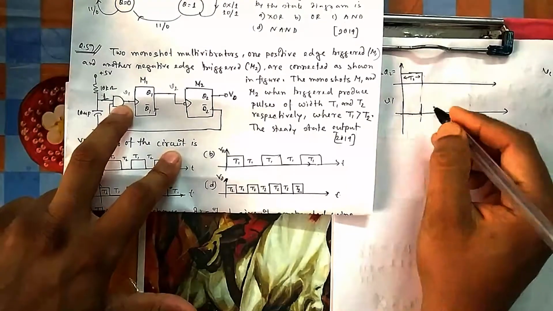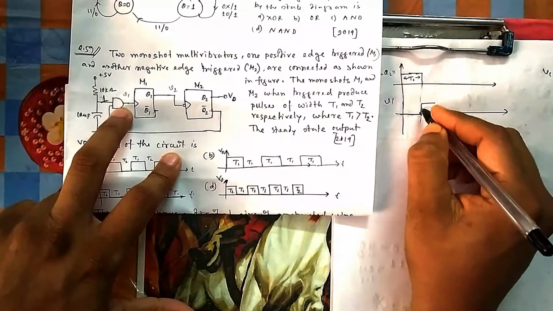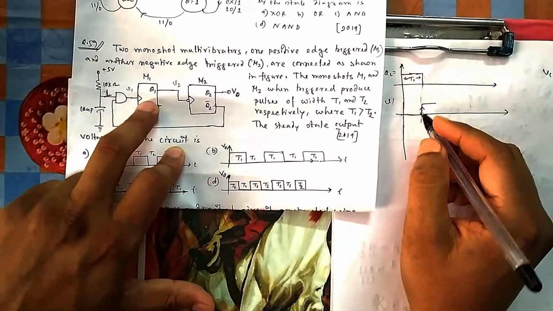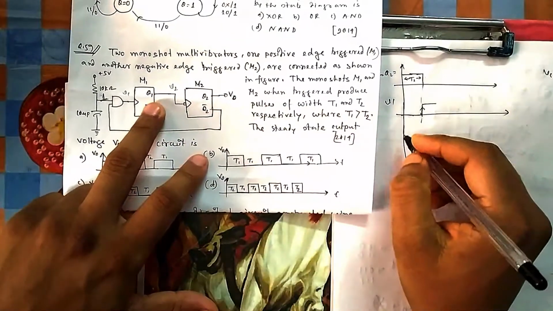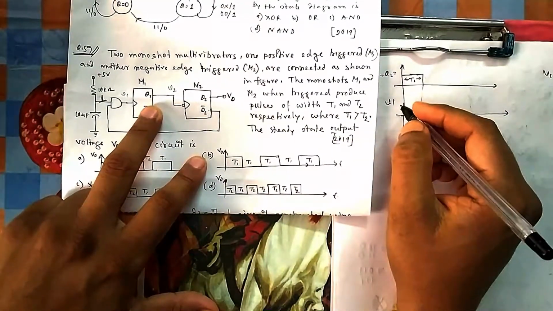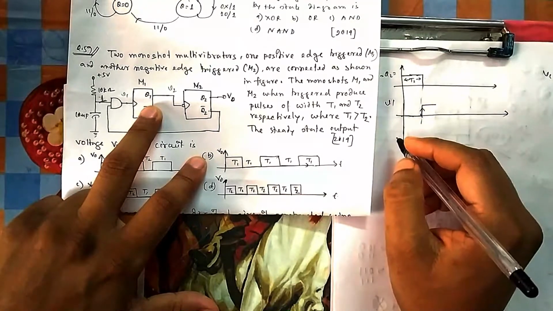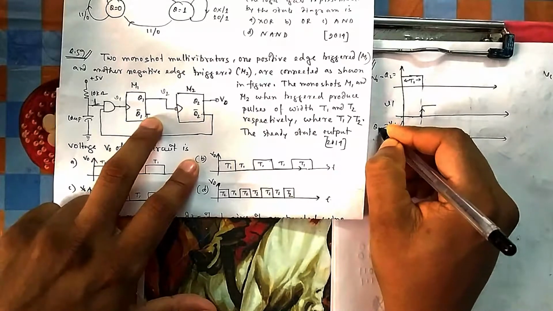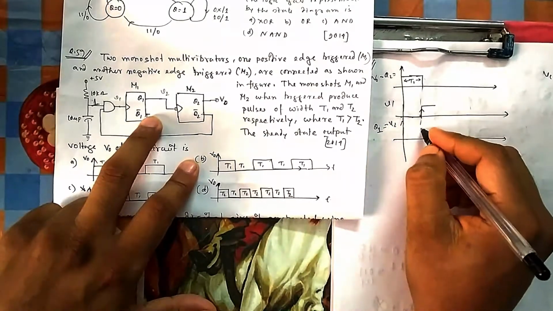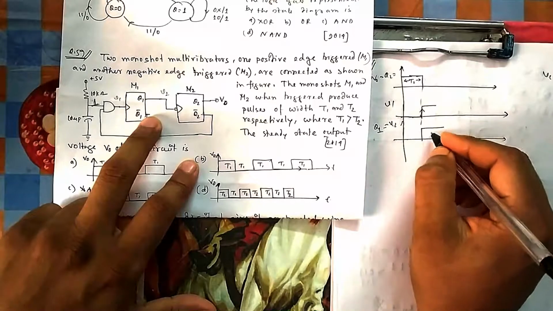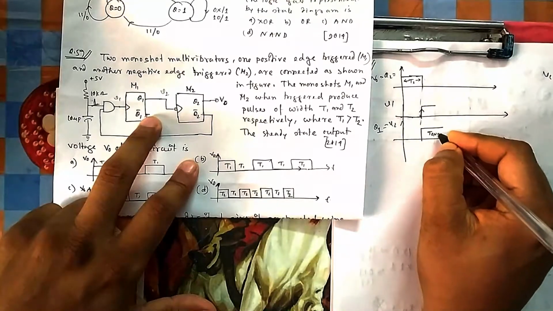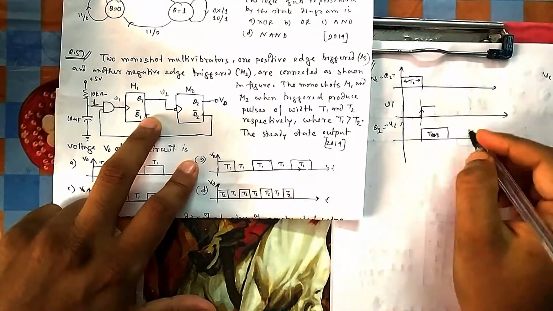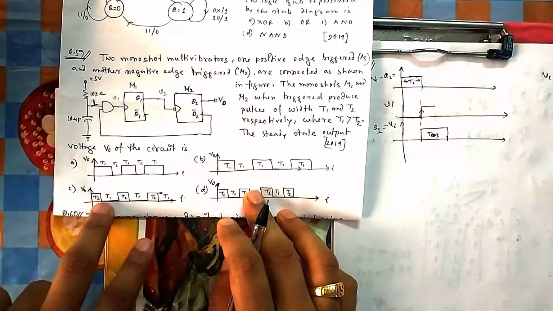Now V2 is rising, so it is a positive edge, and this one is negative edge, so Q1 will get high. Let me draw V2, which is nothing but Q1. Q1 will get high, and it will be high for T1 time, and T1 is greater than T2. By now you can see which one of the options.